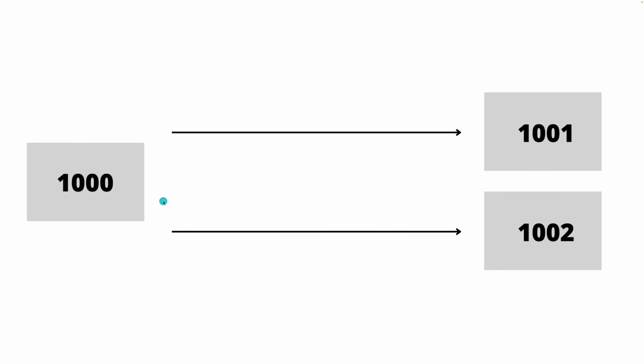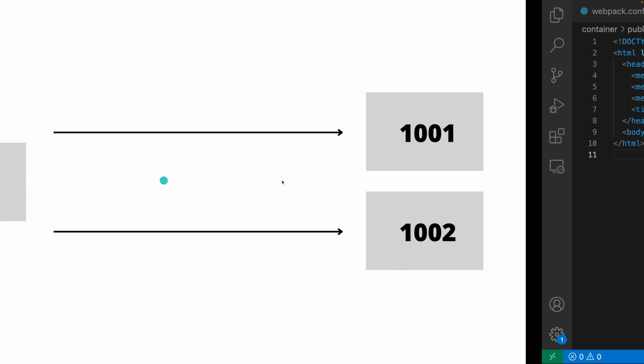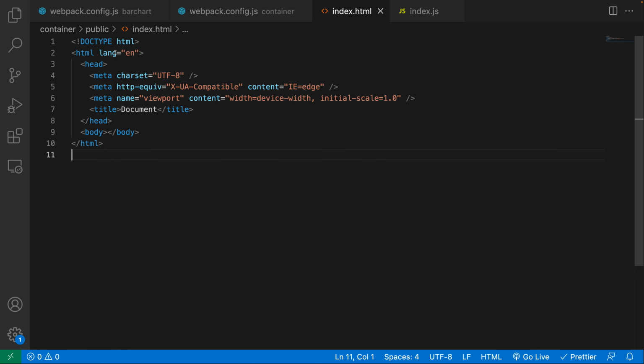And now, of course, we can make multiple requests because we could have multiple micro front ends. So we can make a request to localhost 1001. We can also make another request to localhost 1002. And we can render those micro front ends inside of our host application. Remember, these are the hosts. These are the remotes. So let's actually go ahead and configure module federation inside of our application.